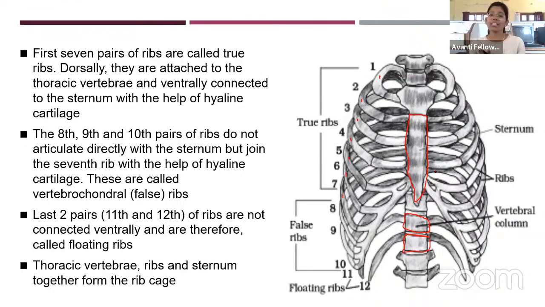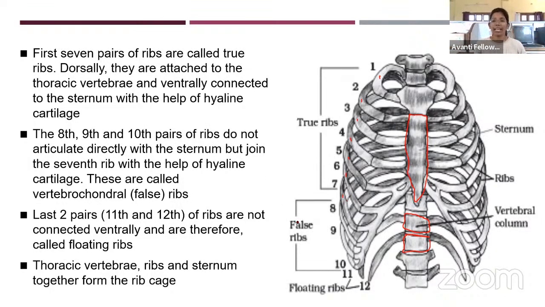So that is the reason these are called true ribs. Why are we calling them true ribs? They come from the vertebral column and attach directly to the sternum, 1 to 7 on both sides.